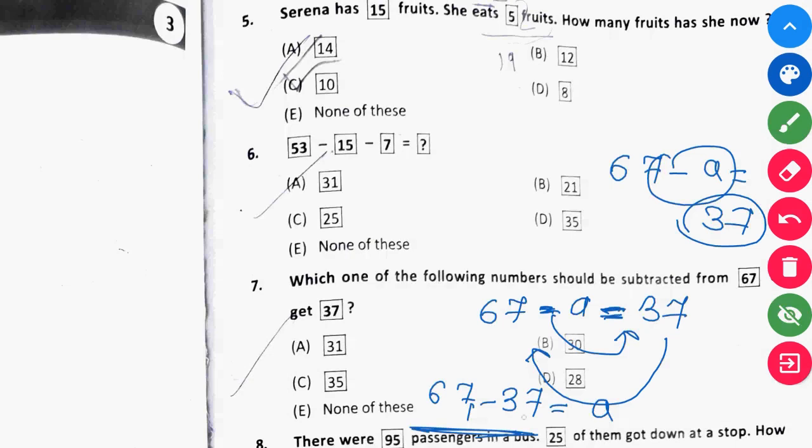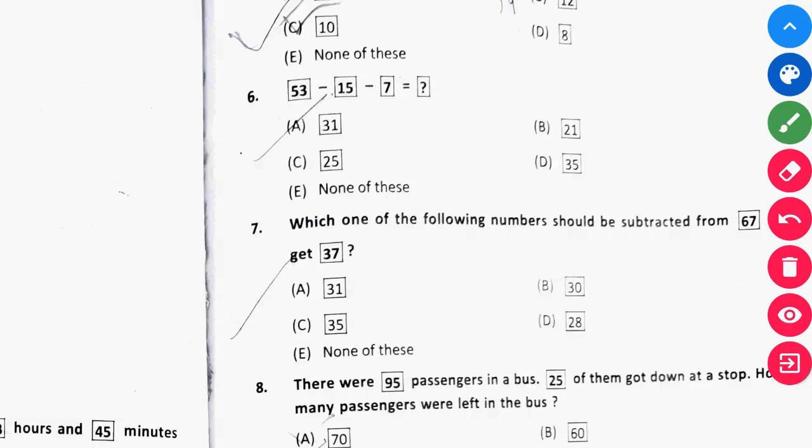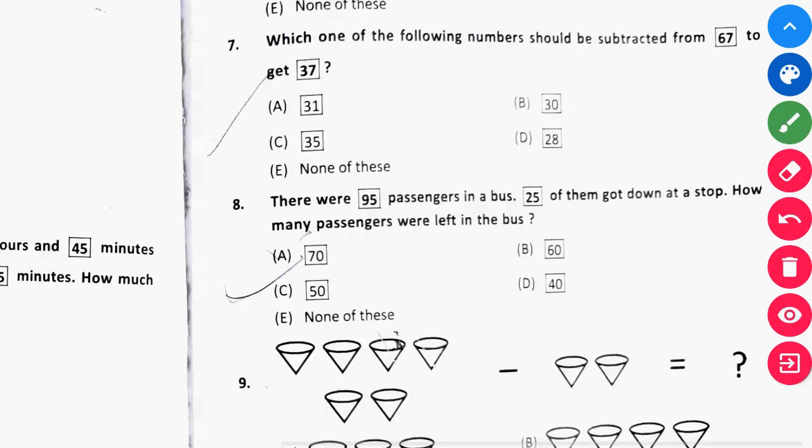So 67 minus 37 is equal to A. So if we subtract this 37 from 67, we will get the number which should be subtracted from 67 to get 37. Okay, solve at home by drawing the bar lines or simply subtracting the numbers from each other. You will get the answer as 30.